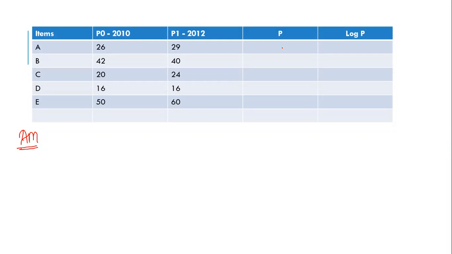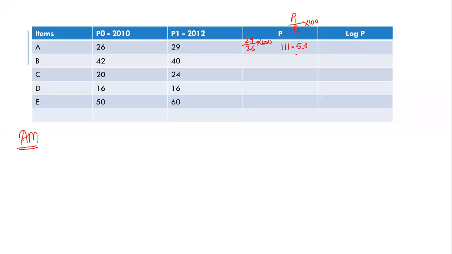So quickly calculate and give me the value of P. How to calculate the value of P? It is P1 divided by P0 into 100. So 29 divided by 26 into 100. How much does it come? 100.53.